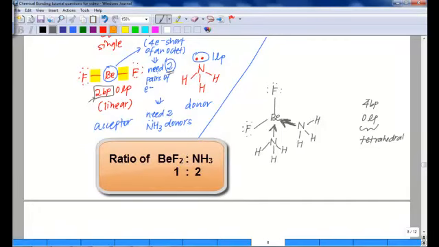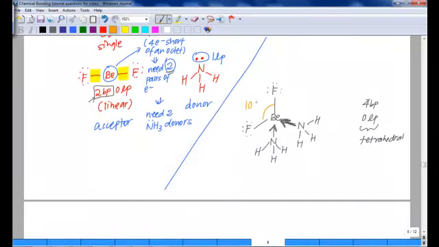Okay, although in this case, the question didn't ask you to draw bond angle, just for being explicit, just put in 109.5. This is tetrahedral, okay, with respect to the beryllium atom, and also tetrahedral with respect to the 2 nitrogen atoms.